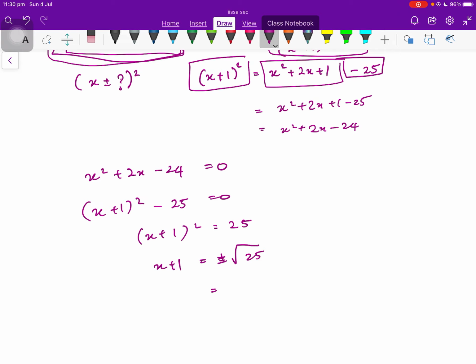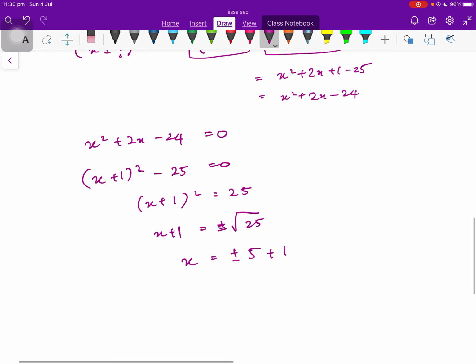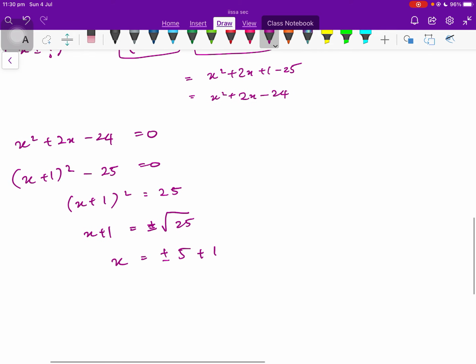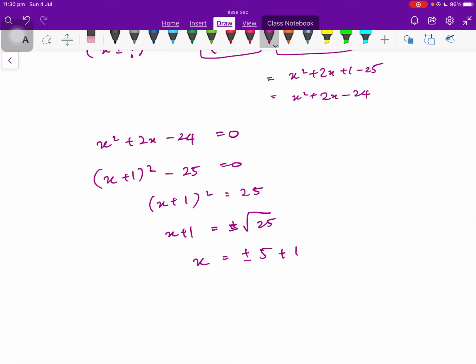So x is equal to plus or minus 5 minus 1. Remember plus and minus: plus is one solution and minus is one solution.